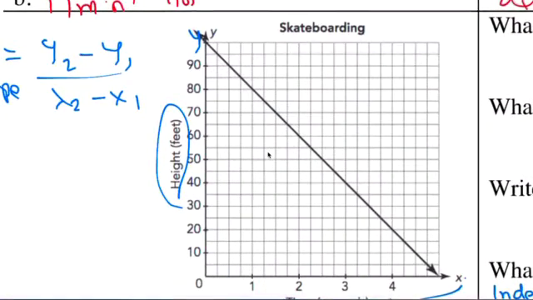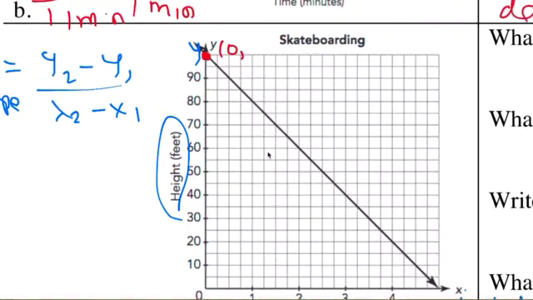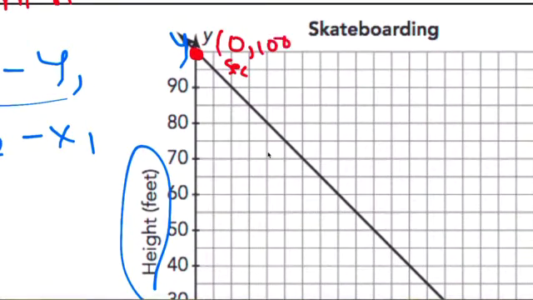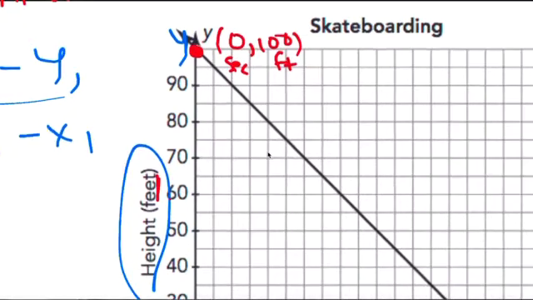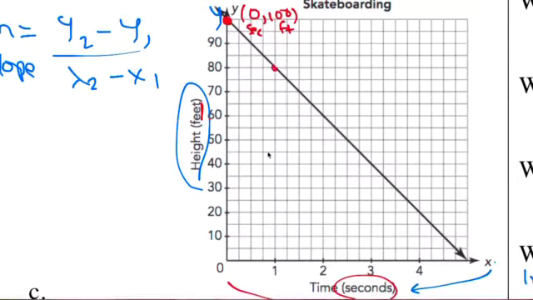I'm going to pick 0 and 100. 0 seconds, 100 feet. And I'm going to choose 1 and 80. 1 second, 80 feet.